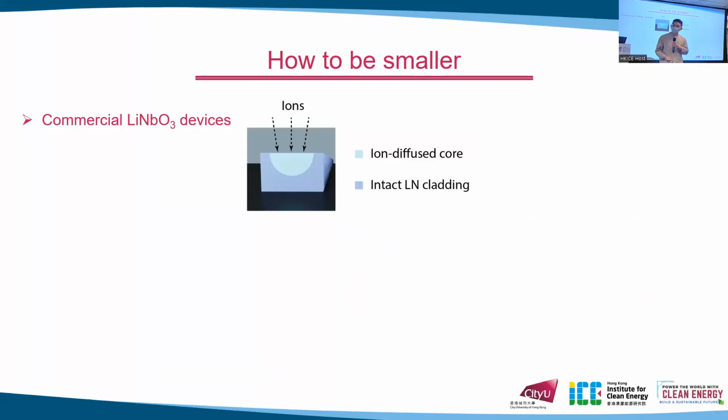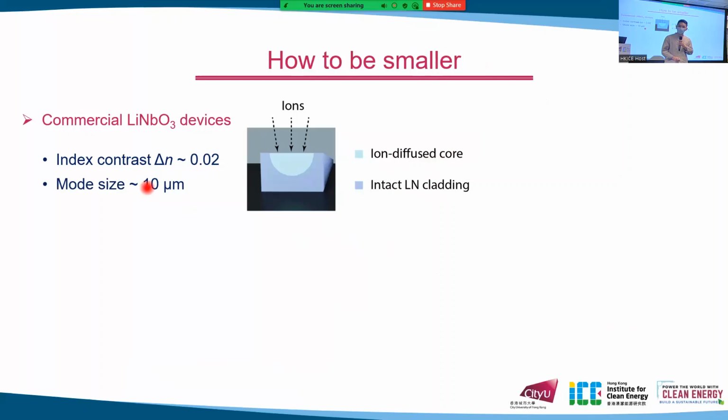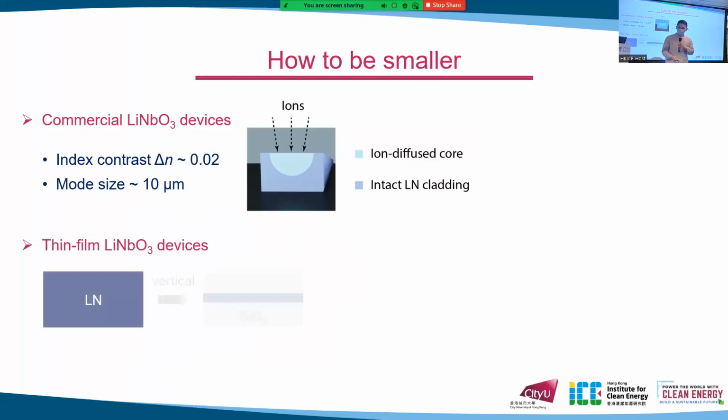But for the commercial lithium niobate device, the waveguide is formed by an ion diffused core and intact lithium niobate cladding. This leads to a very low index contrast and a mode size of about 10 micron. So here we use thin film lithium niobate. The idea is that in the vertical direction it is a thin film, and we only need to care about the lateral direction.